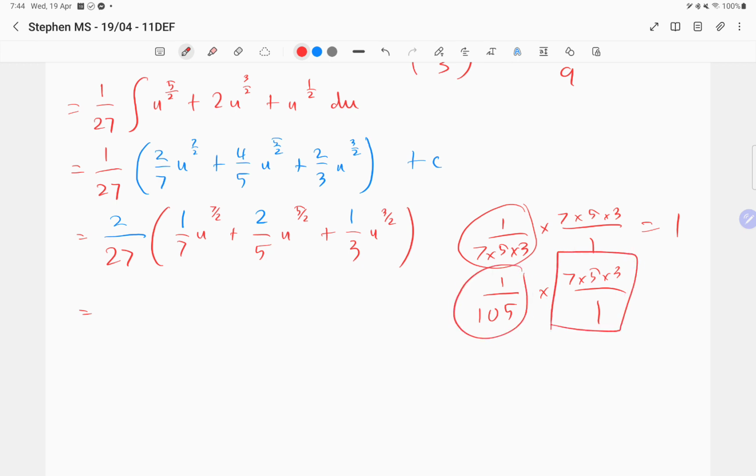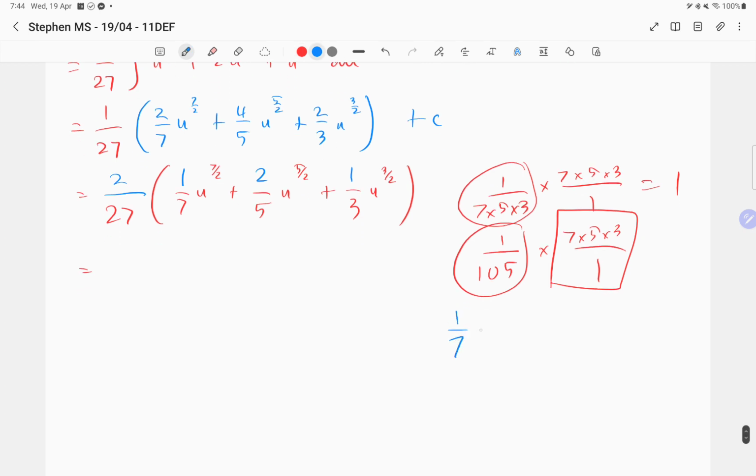If I show you an example, 1 over 7, if you multiplied it by 7 by 5 by 3 over 1, the 7 at the bottom cancels the 7 on top, which means this will be equivalent to 1 over 105 times 15. Does that make sense?